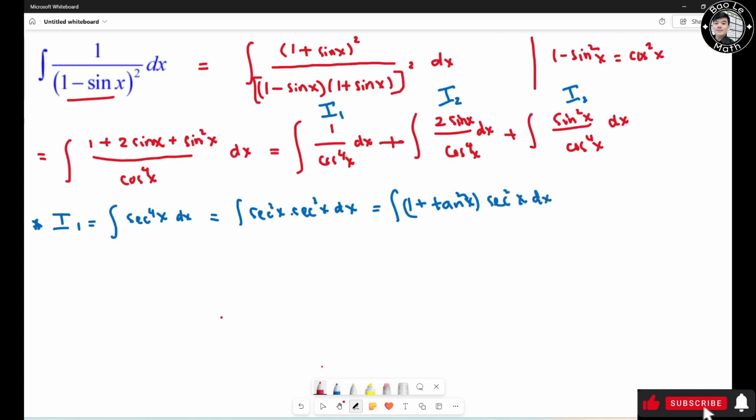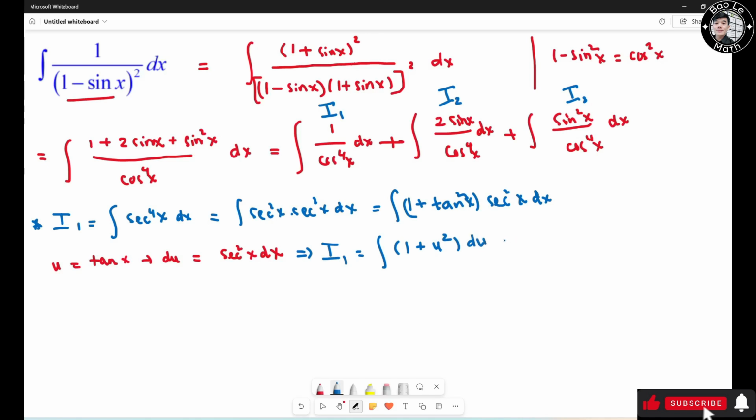Now I'm going to use substitution. I let u be tangent s, so then du equals secant square of s ds. So I1 equals the antiderivative of 1 plus u square times du.